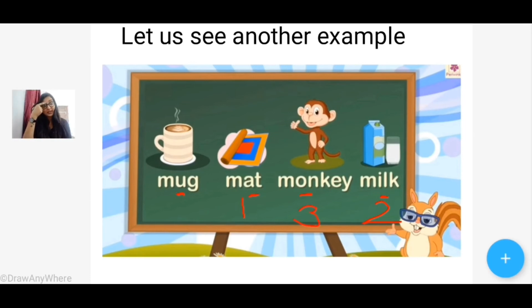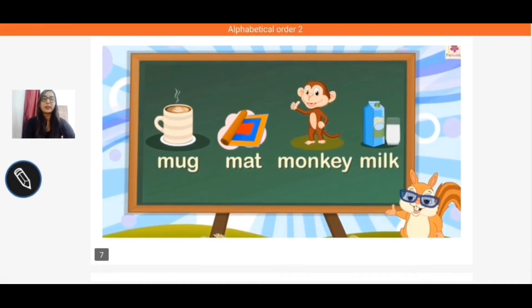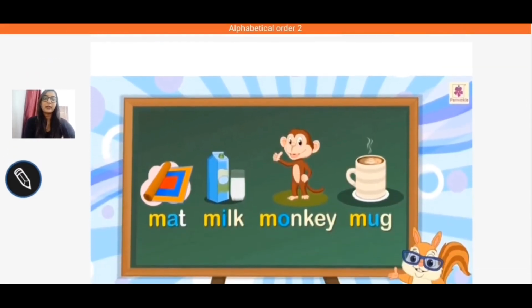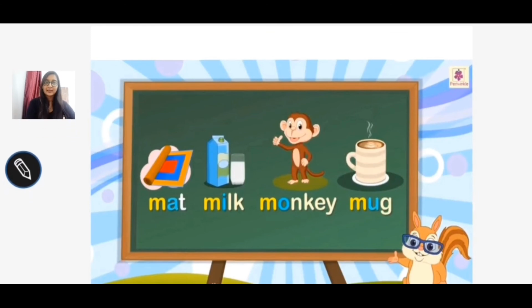And the word which is left is mug. So it will be number 4. Again, if the first letter of the given set of words is the same, we will look into the second letter of the words. So the answer will be mat, milk, monkey, mug.